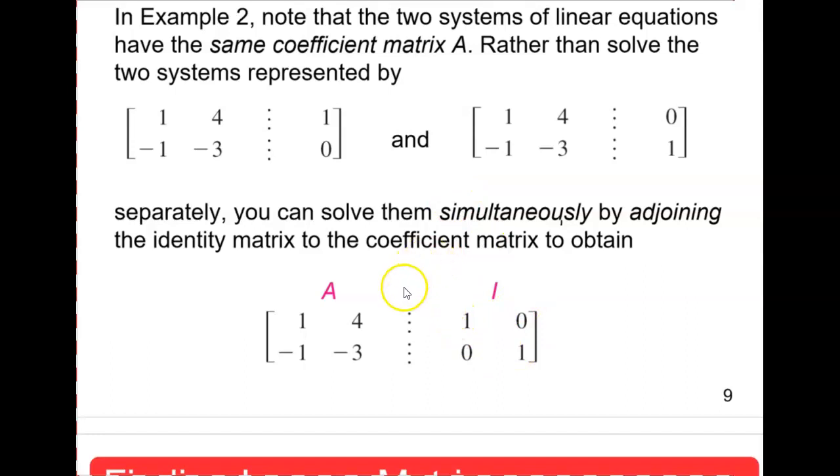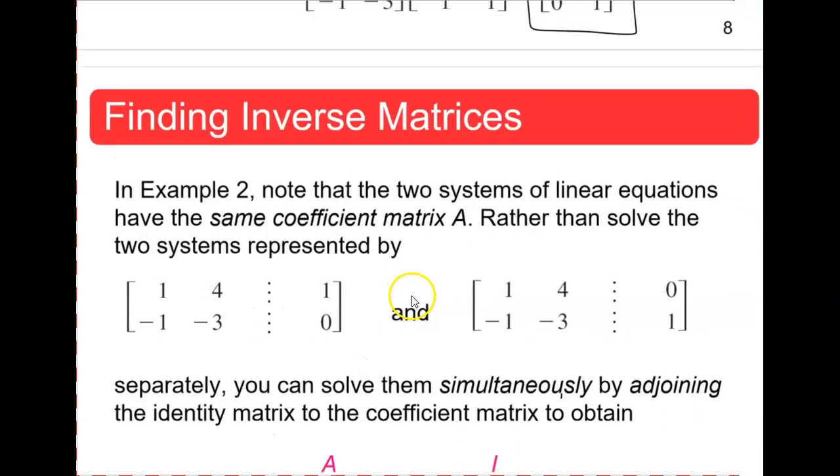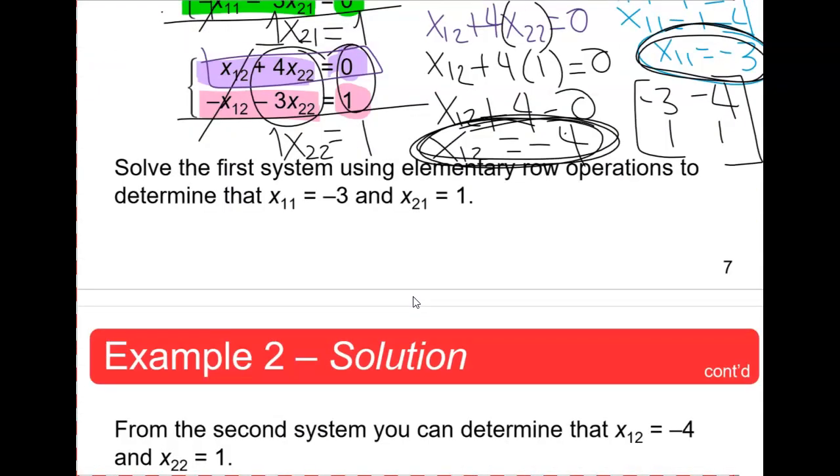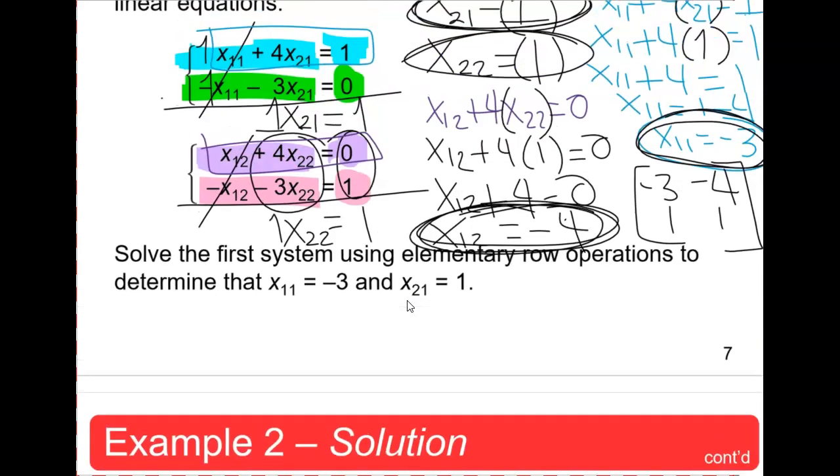So if you remember the system of equations that we had, something similar to that. So we had the equations, actually I'm going to write the coefficients. Okay, it will be 1, 4, negative 1, and negative 3.